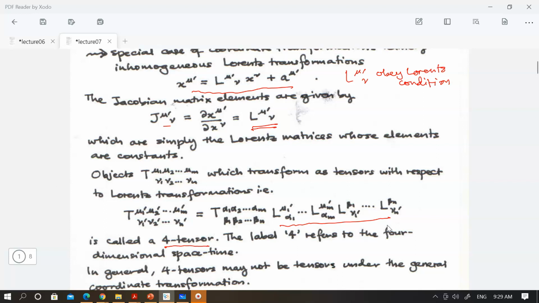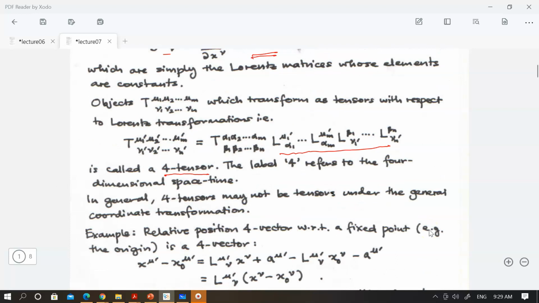This is of course just a convention: when we talk about a four vector, it means a vector in four-dimensional space and time, and if it's special relativity, then it will transform according to the Lorentz transformation.